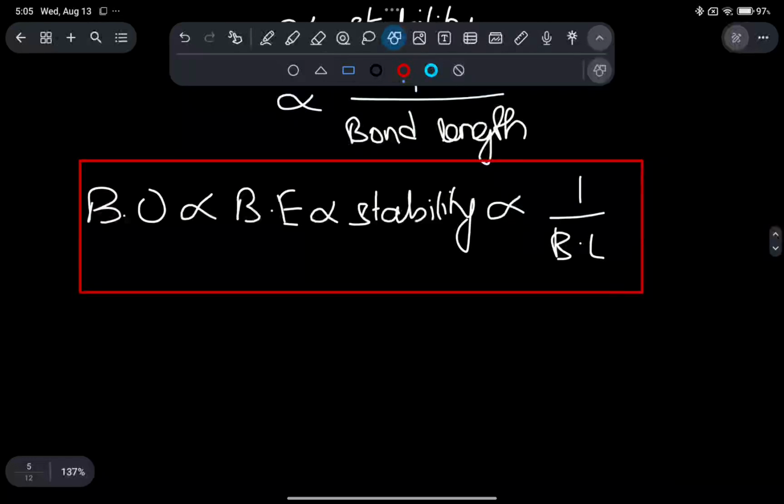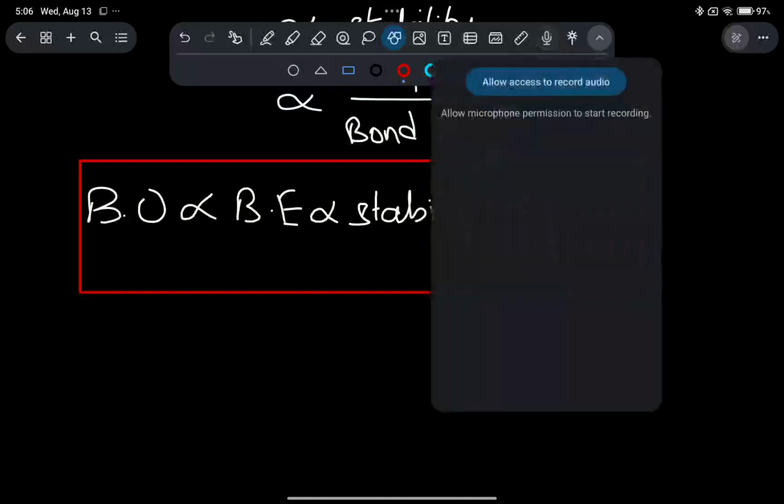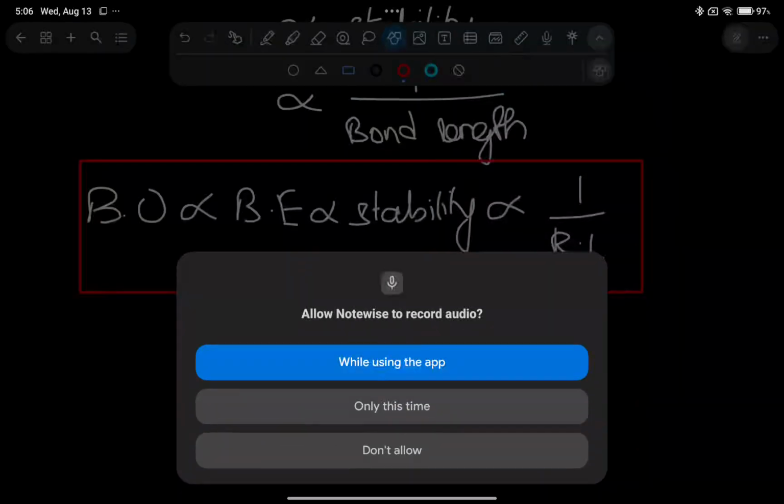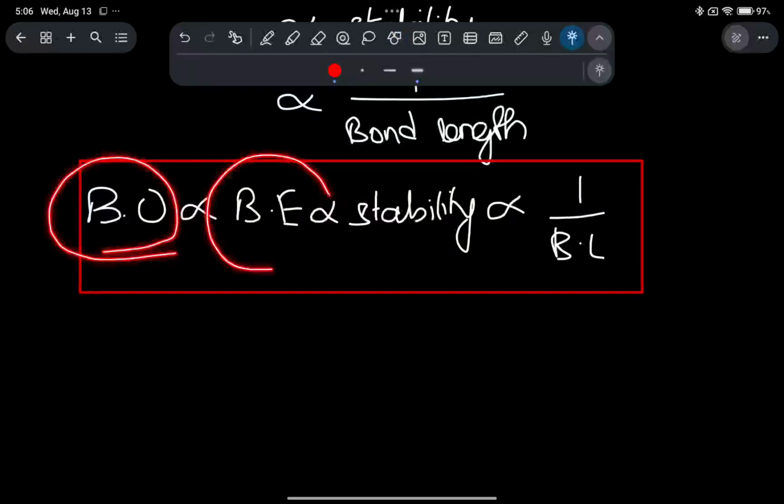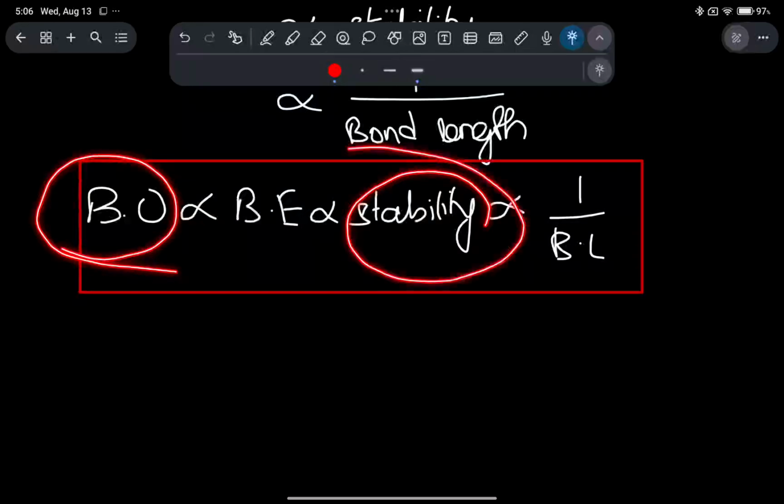So bond order and bond energy are directly proportional. If bond order increases, bond energy increases. If bond order increases, stability also increases.